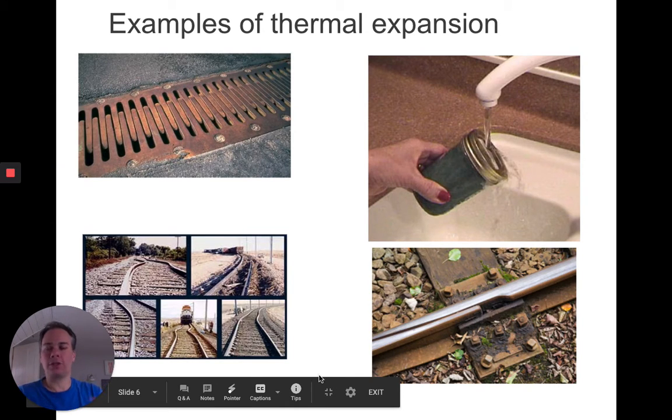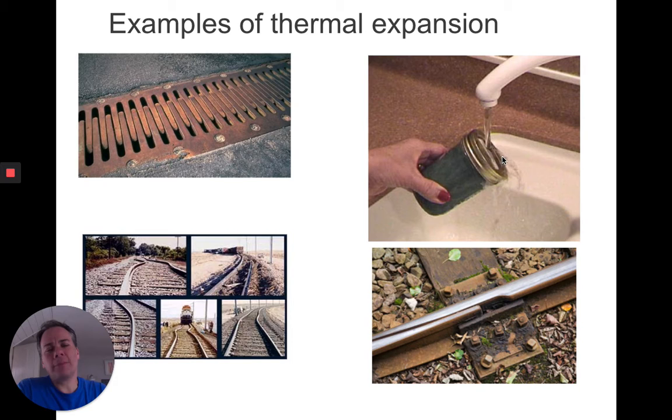So when the railroad track got heated up, the track actually buckled. You may have heard that if you have a jar and the lid is too tight to get off, you can run it under hot water. The idea is that the metal of the lid can expand slightly, loosening it and making it easier to open.